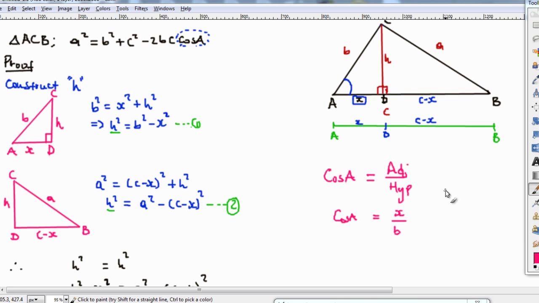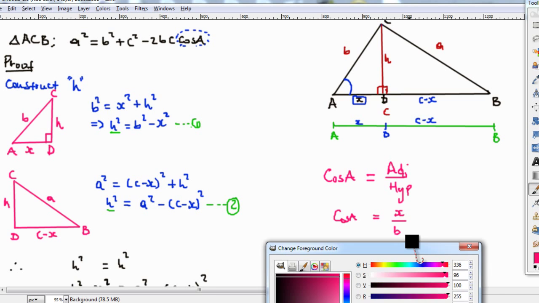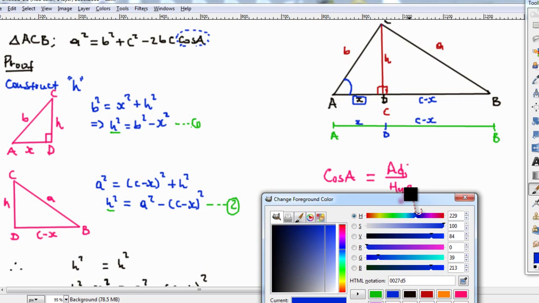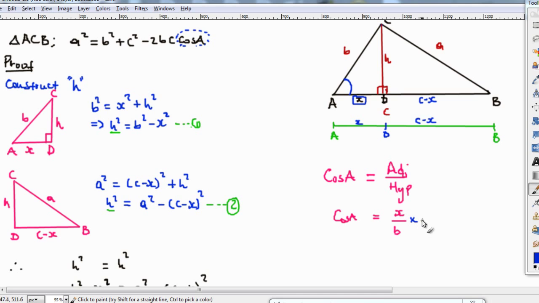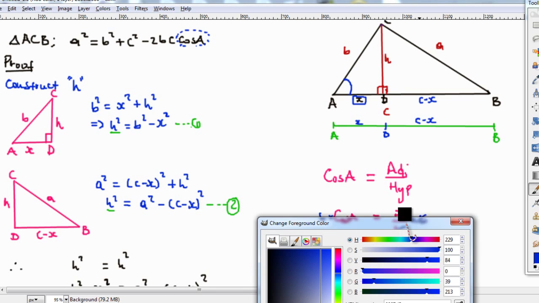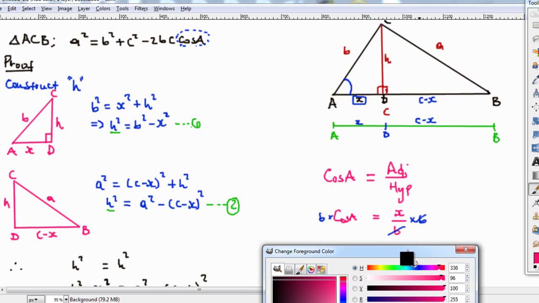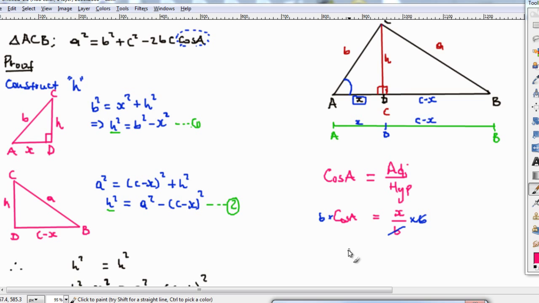And then to make x the subject of the formula, we multiply both sides by b, so this cancels with this, and x is equal to b cos a.